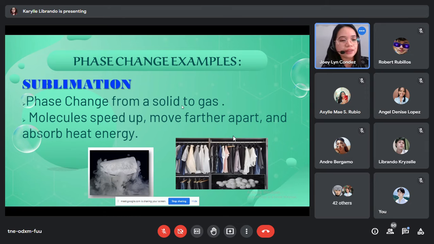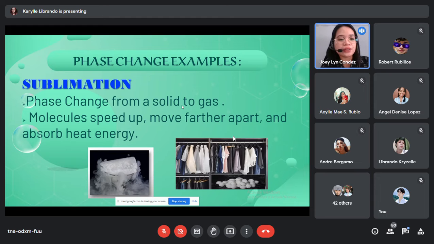So we call it dry ice. Now, for example, you get the dry ice and put it at room temperature, like 20 to 25 degrees Celsius. What will happen to the dry ice? It will change from solid to gas.